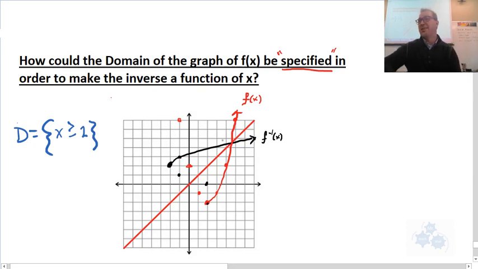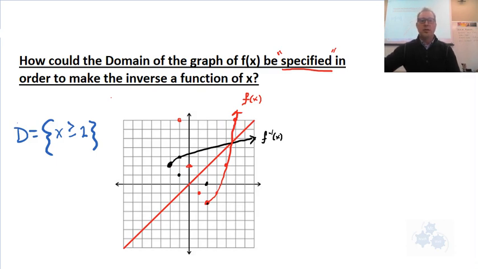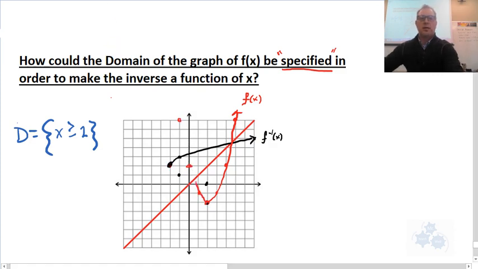Okay? All right. So how could you restrict the domain? Just make sure that you take half of a parabola, let's say. Go from the vertex one way or the other, and then the inverse will be a function. Because if you leave it like it is, right? That wasn't supposed to be black. This is going just great.